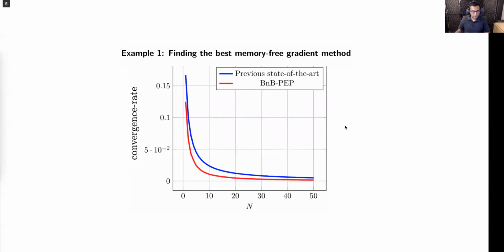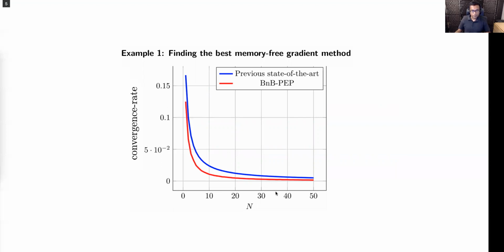So I will show two examples of what BnB-PEP can do. The first example shows how BnB-PEP finds the best memory-free gradient method in the smooth convex setup. I will discuss what is going on in more detail soon. But what this figure shows is how the convergence rate of the fastest algorithm compares with the previous state-of-the-art method, and the lower the better.